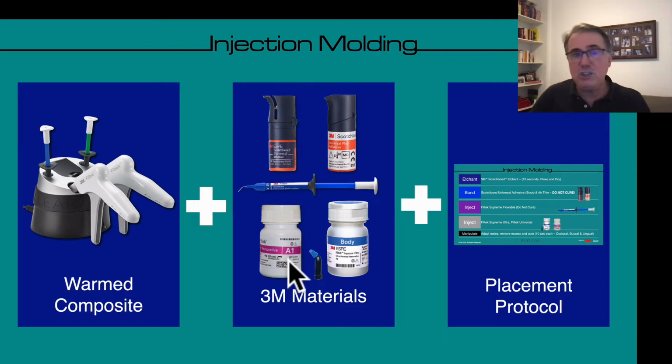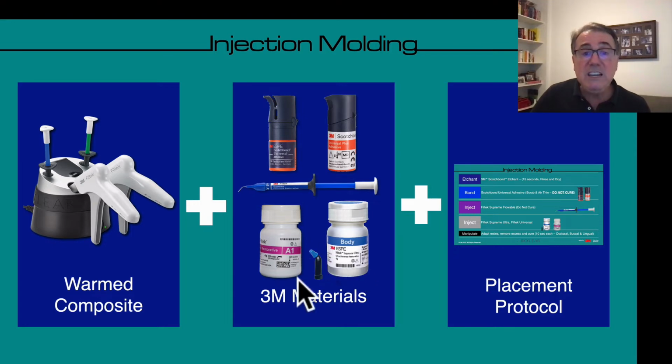You only have one type of opacity of composite, and you have a simplified range of shades. You don't have all the shades from the Vita Shade Guide. You have just 8 shades that will cover all the shades of the Vita Shade Guides plus the 3 bleaching shades. And you can also, as I said, use the body shade from the Supreme Ultra.